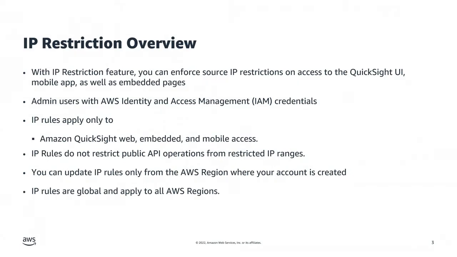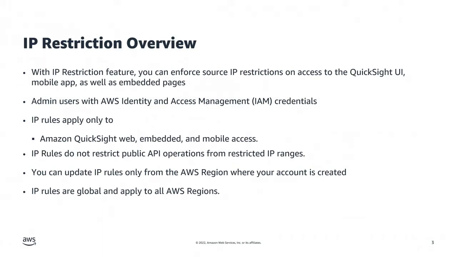The IP rules can only be applied on the Amazon QuickSight web application, or when you embed QuickSight into one of your web-based applications, or for mobile access. And these IP rules do not restrict the public API operations. For example, there are a lot of API operations that you can perform as part of QuickSight, like listing the users, describing the users, or describing the data sets. Those are not restricted by the IP ranges.